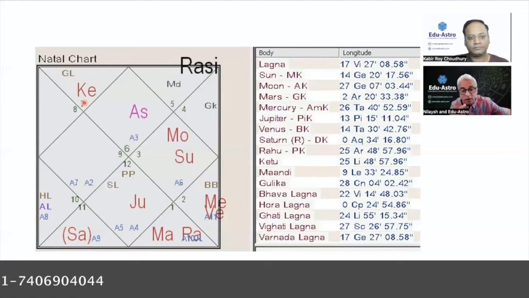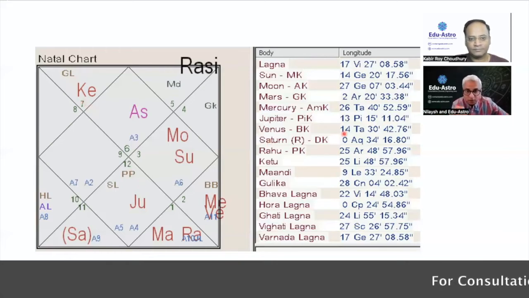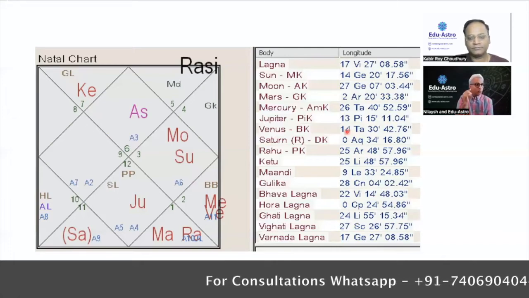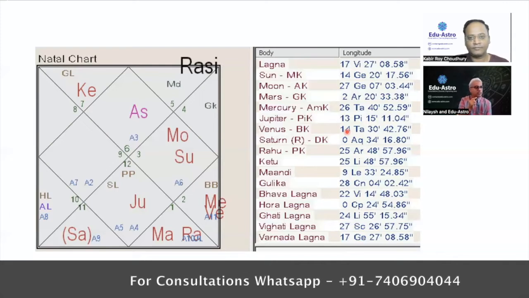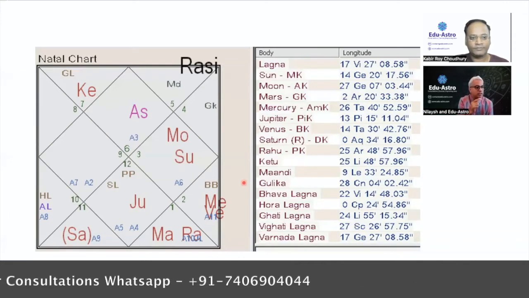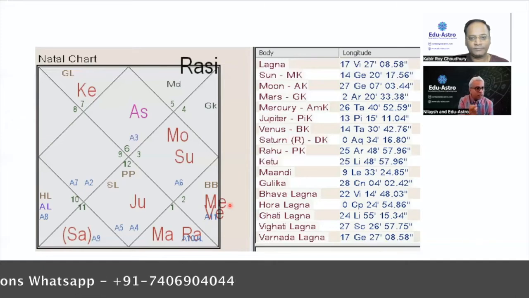Venus is also with the Lagna lord, so the Lagna lord going in the ninth house, closest to the Lagna degree, definitely shows that the person is a very fortunate one. Now another example, Venus being the second lord means accumulation of wealth.